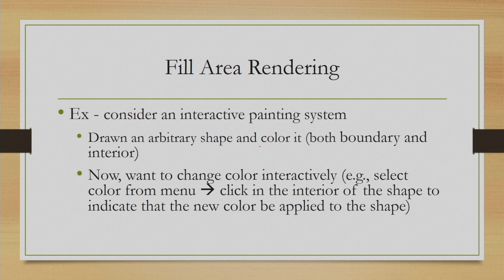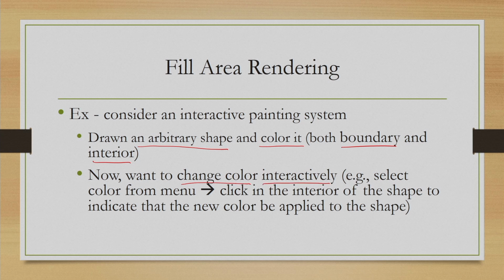So, first thing is we may want to color that arbitrary shape that we have drawn. Now, when we say we are trying to color some shape, that means we want to color the boundary as well as the interior. We may also want to change color, and that too interactively.